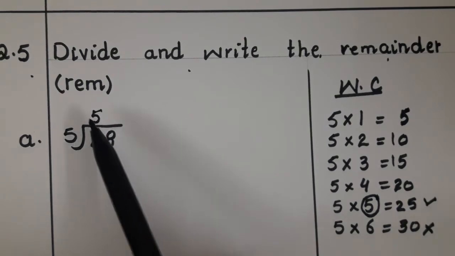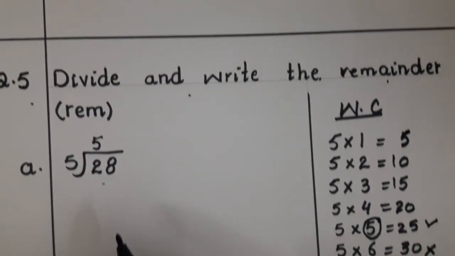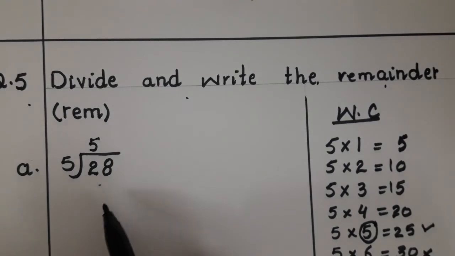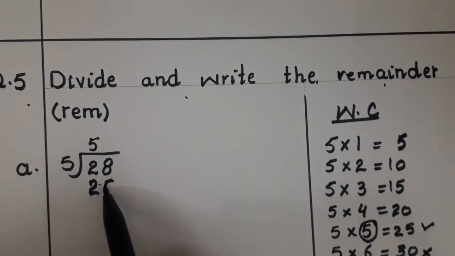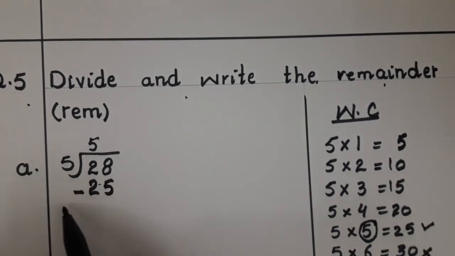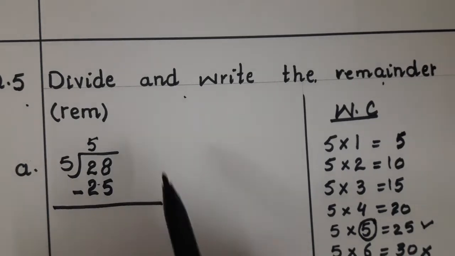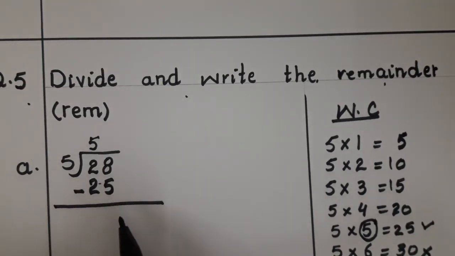5 fives are 25. So now we will subtract it. 8 minus 5, how many? Yes, 3.